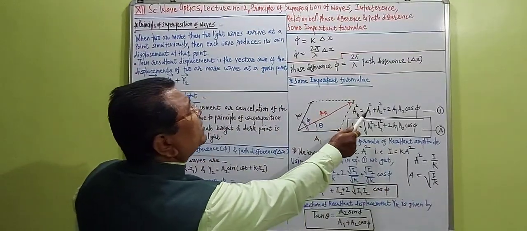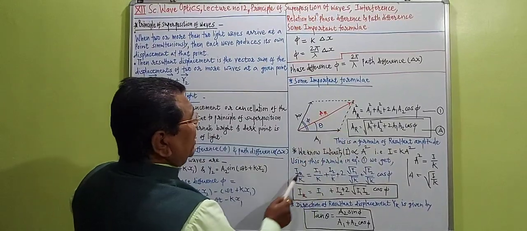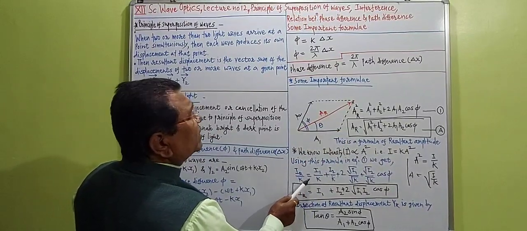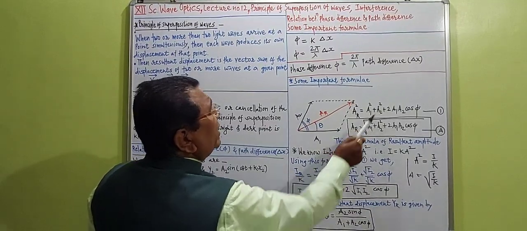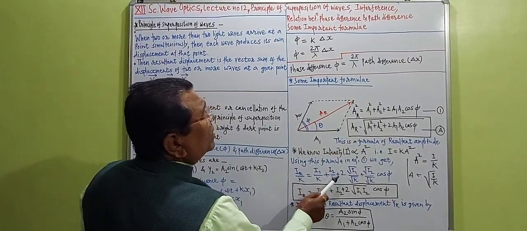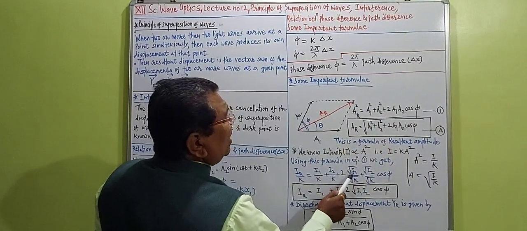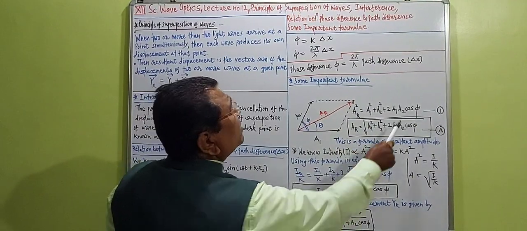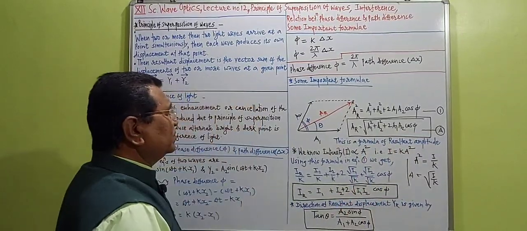So putting that value in equation 1, we get AR square, which is IR upon K, is equal to A1 square, which is I1 upon K, plus A2 square, which is I2 upon K, plus 2 as it is. What is the value of A1? Root I1 upon root K. What is the value of A2? Root I2 upon root K, into cos phi.